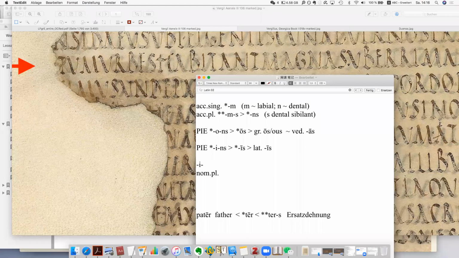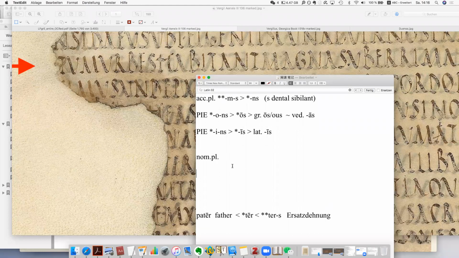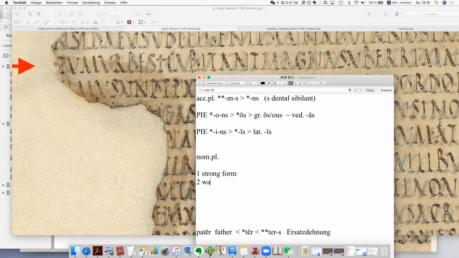Okay, so first question, yeah. Another question, yeah. Pay attention. Is nominative plural a strong form or a weak form? Which form? Nominative plural, strong form or weak form?